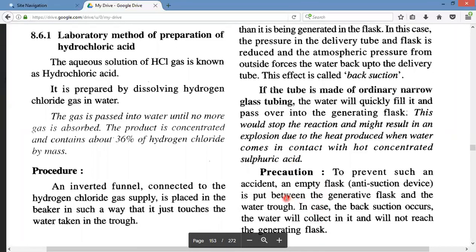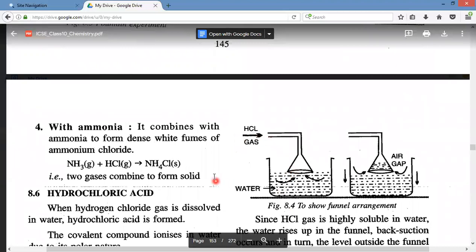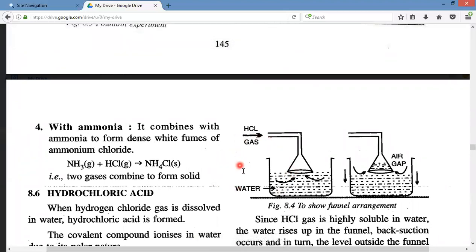To prevent an accident, we can do another thing: place an empty flask in between your generating flask and your water trough. If we are placing the empty flask here, that empty flask will help us. If the back suction occurs, the water moves up, it will go into the empty flask.